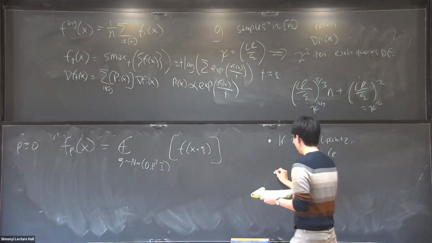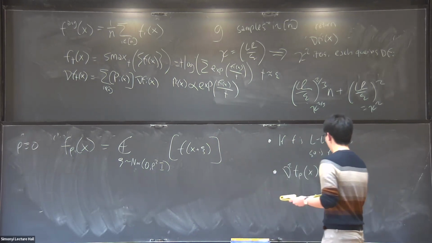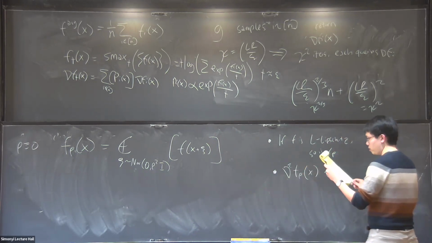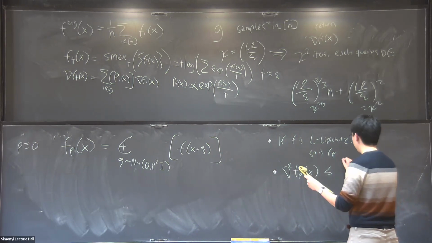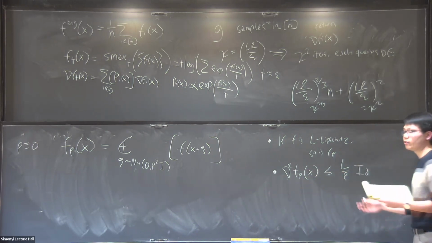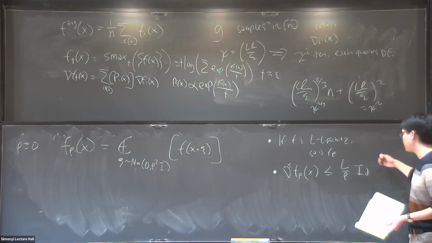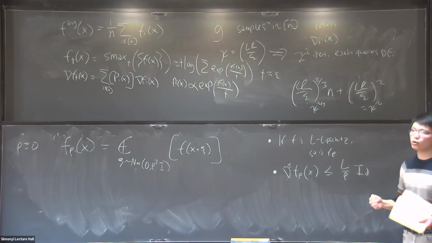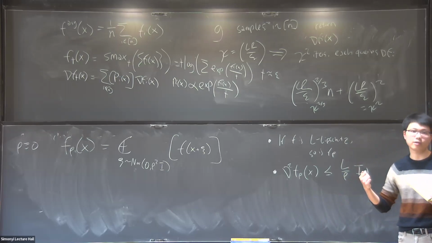But also, f_rho is smooth in the following sense: it's twice differentiable, and the Hessian is always upper bounded by some multiple of the identity, right? So this key property is going to let you use things like accelerated gradient descent to do better, right?